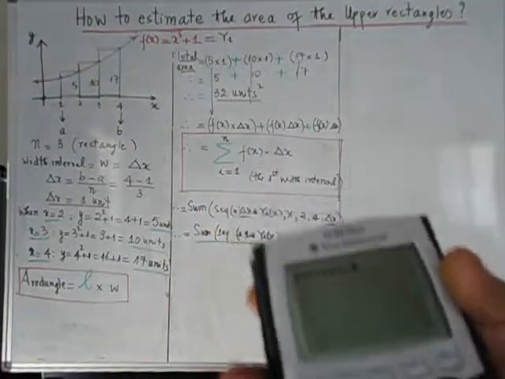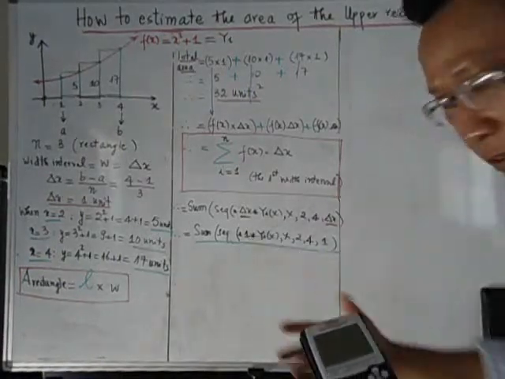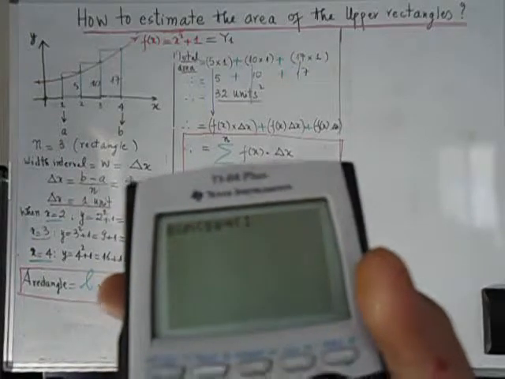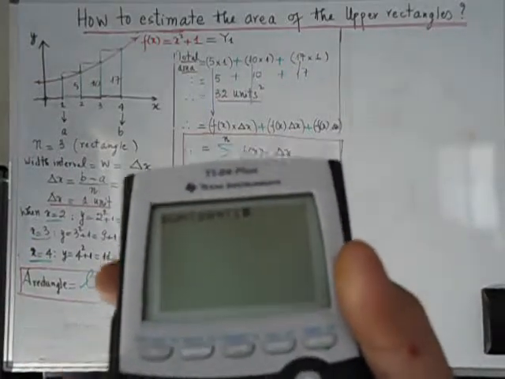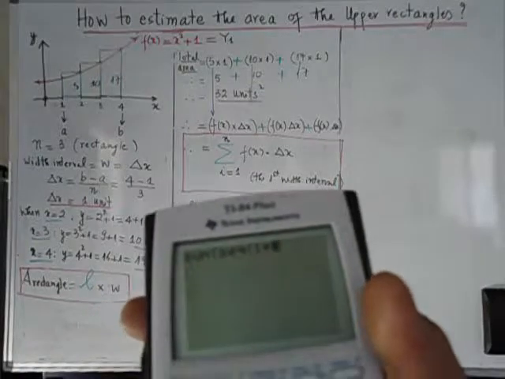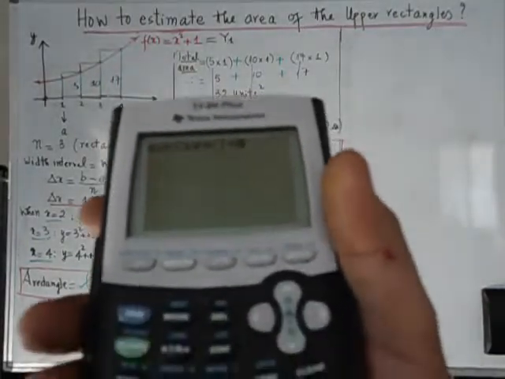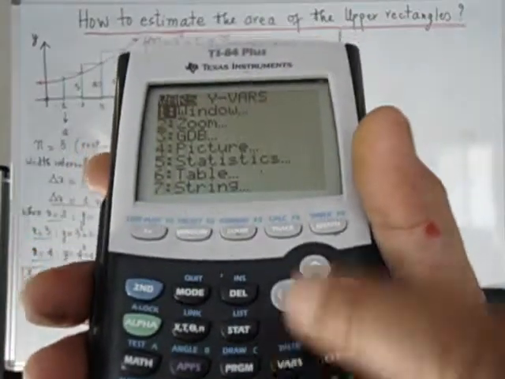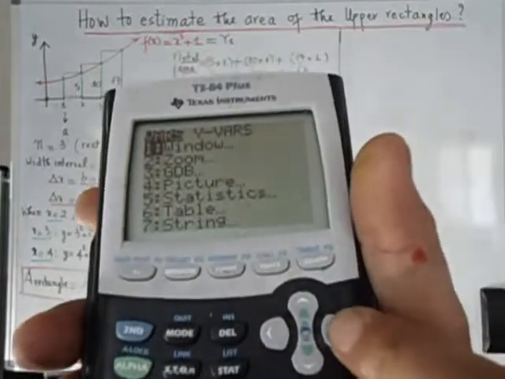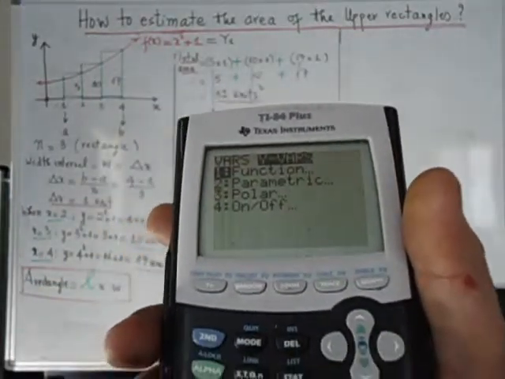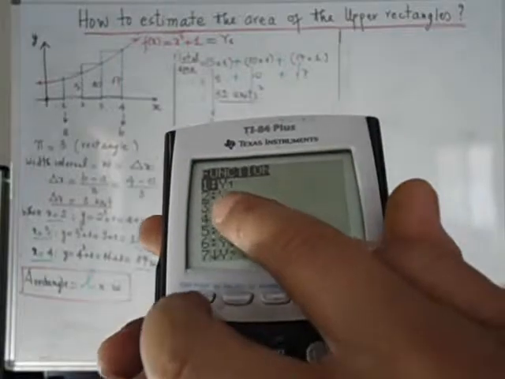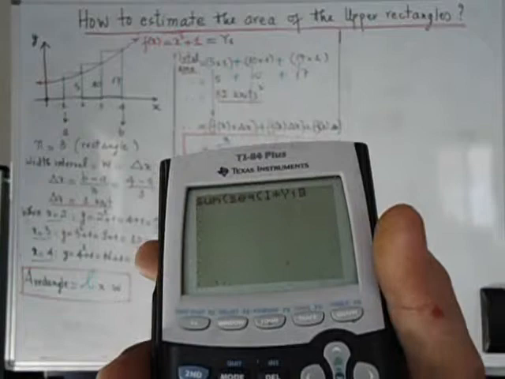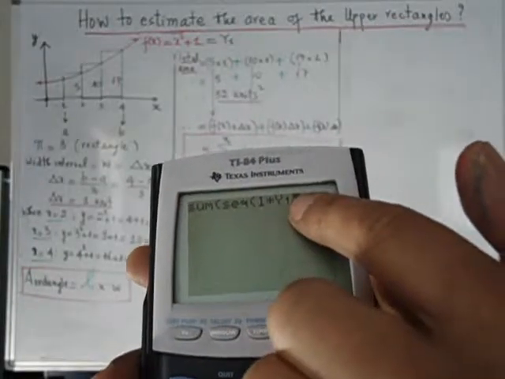Then delta x is 1, 1 times the main function. The main function is y1, we press var, then select Y-VARS, enter. Then we select y1, press 1, and we have the main function here, y1.